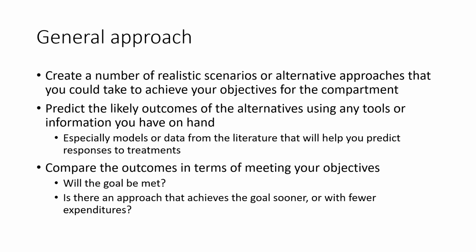So we'll use models like growth and yield models or data from the literature that help you understand what may play out in terms of those treatments, and then compare the outcomes of those treatments, especially economically, and compare them to choose whether one particular option achieves the goals sooner or with a better balance of revenues and costs. So that's what we're going to be focusing on here.